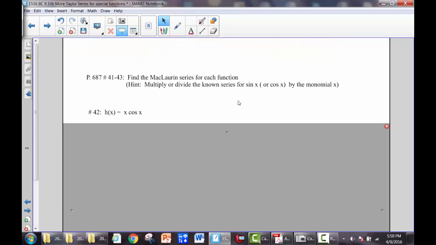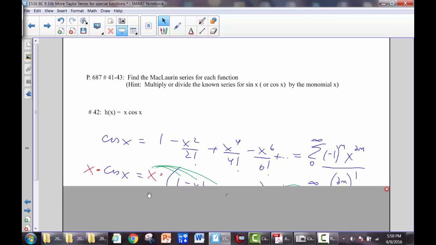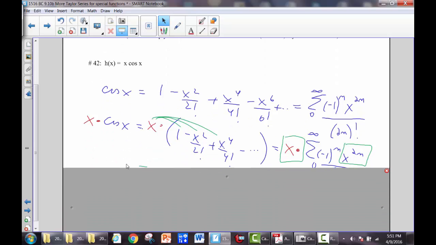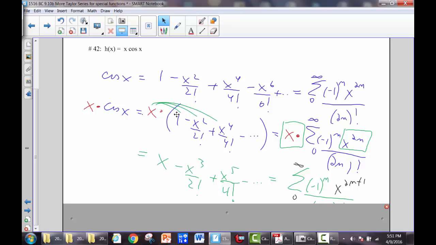Find a Maclaurin series for each function, so that's near 0. Hint, multiply or divide the known series for sine x or cos x by monomial x. So x times cos x, you're simply going to take our known series for cosine x and simply multiply through by x. You're multiplying by a monomial, so that's just the distributive property. And so that becomes x minus x cubed over 2 factorial.